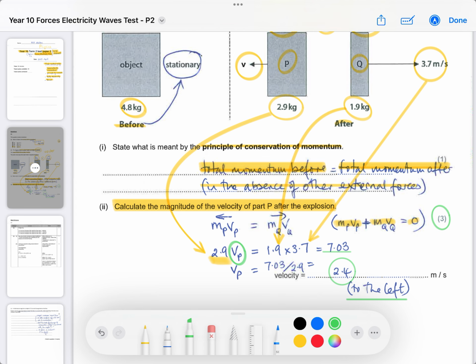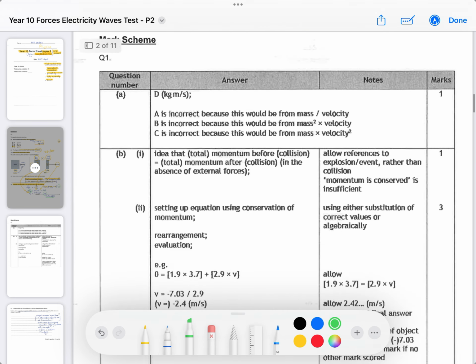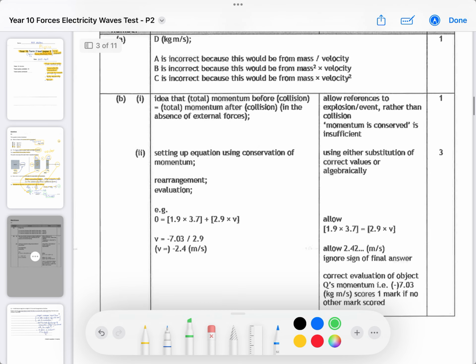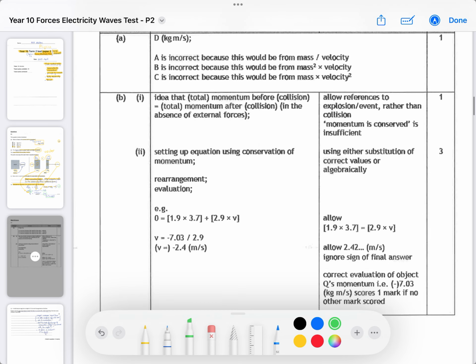Okay, the mark scheme is on the next page, so I'll let you stop and have a look at it. All right, and they've shown you how they are giving the marks. 1 mark for understanding the equation of the conservation of momentum, 1 mark for rearranging the equation once you've worked it out, and 1 mark for getting the answer correct.